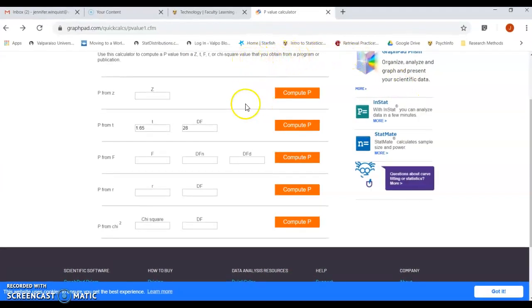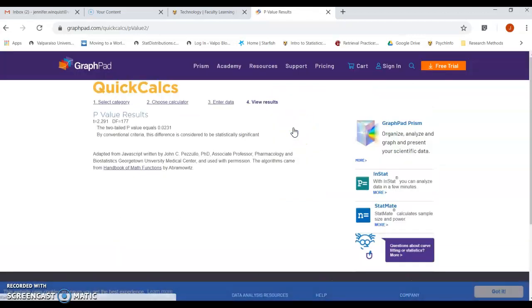There are links to these on the textbook website. I'm using graphpad.com right here. My first t was 2.291, and the degrees of freedom was 177. I can compute the p-value, and it tells me the two-tailed p-value was 0.0231.